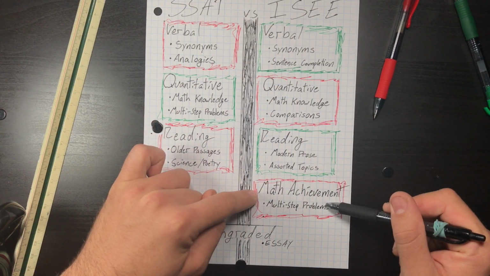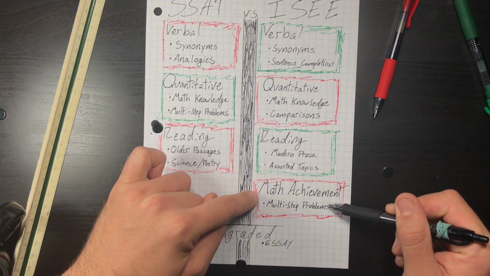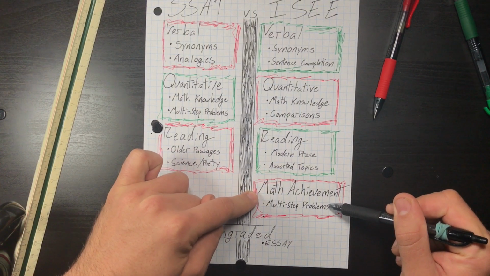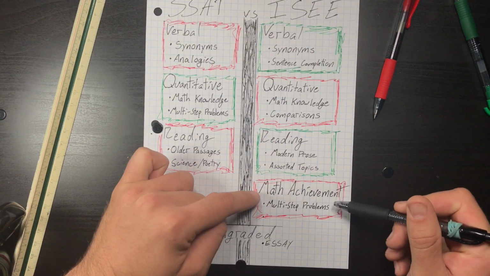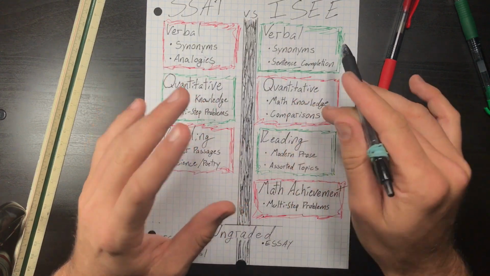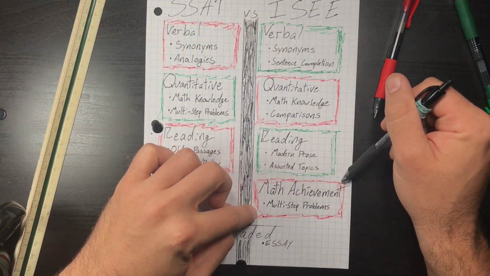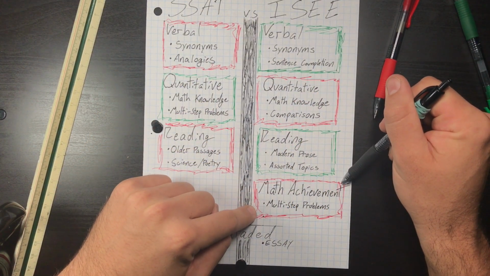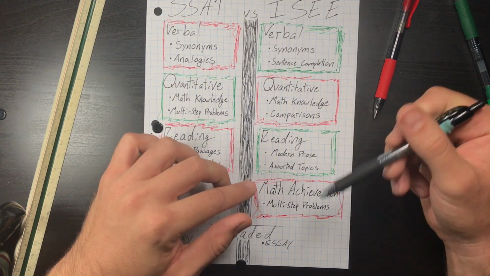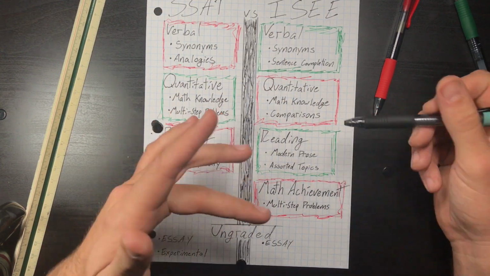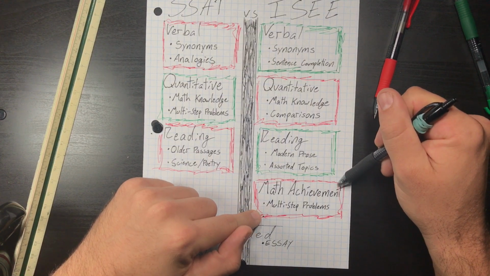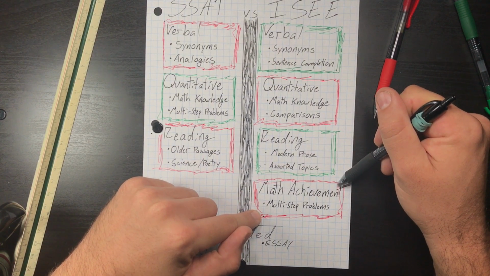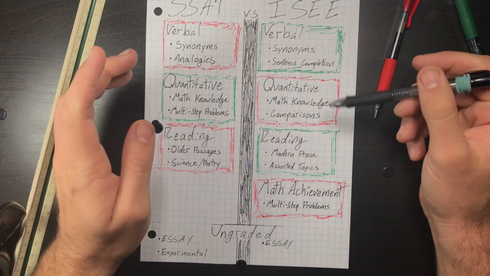Where this is different is that the grade level is very high on a lot of these problems. There's going to be some really advanced stuff that you may not have had a lot of experience dealing with, and because of it, this section is really difficult. If you are strong in math and confident in math and it's something you love doing, this might be an opportunity for you to do really well compared to your peers who might not be as comfortable.